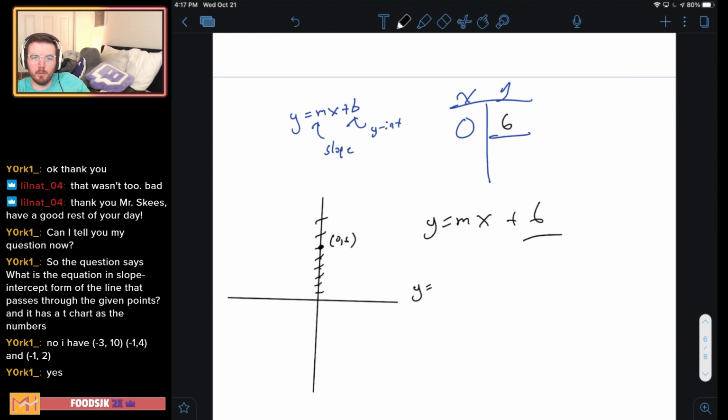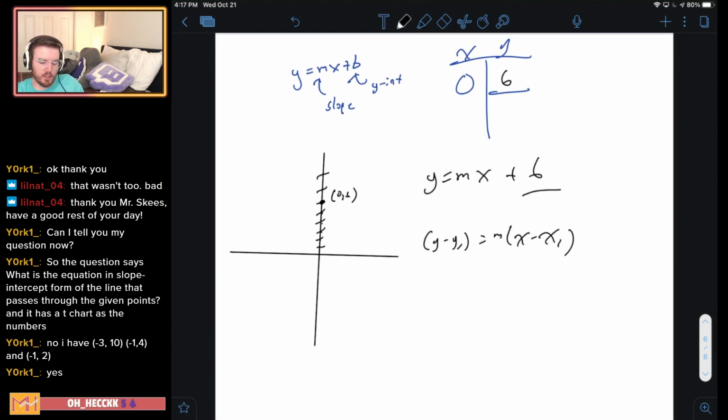What is point slope form? How am I not remembering point slope form? Oh, wait. Yeah, I remember now. y minus y1 equals m times x minus x1. You've learned point slope form? Okay. So then we know what to do.